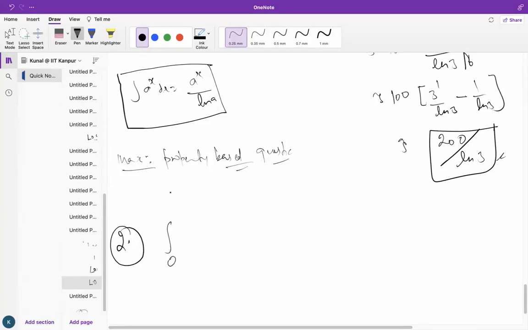We are integrating from 0 to 10 pi root under 1 minus cos square 2x dx.